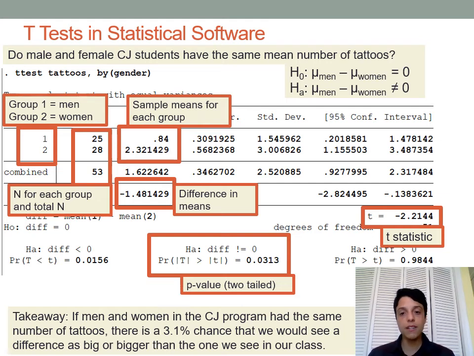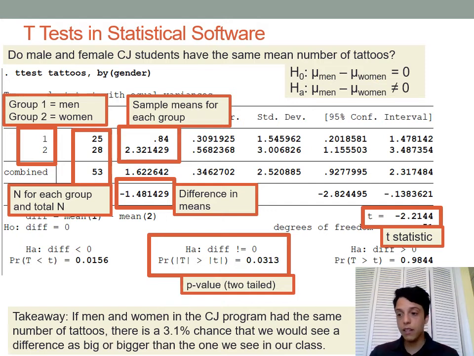The interpretation for this p-value is the same as the interpretation for the p-value that we've seen before. If the null hypothesis were true, and if men and women in the CJ program had the same number of tattoos in that overall population, there's only a 3.1% chance that we would see a difference as big or bigger than the one we see in our class.